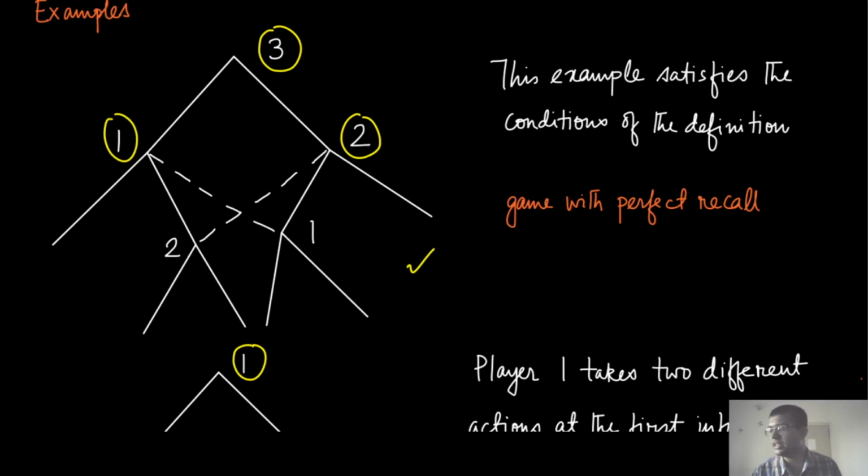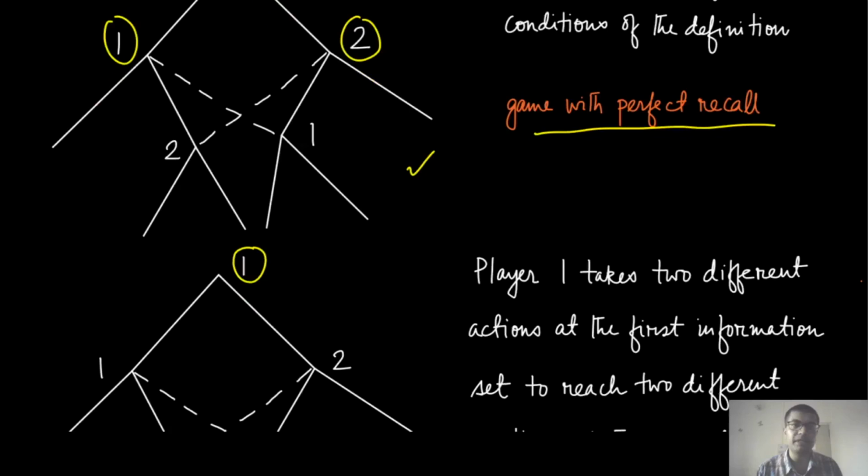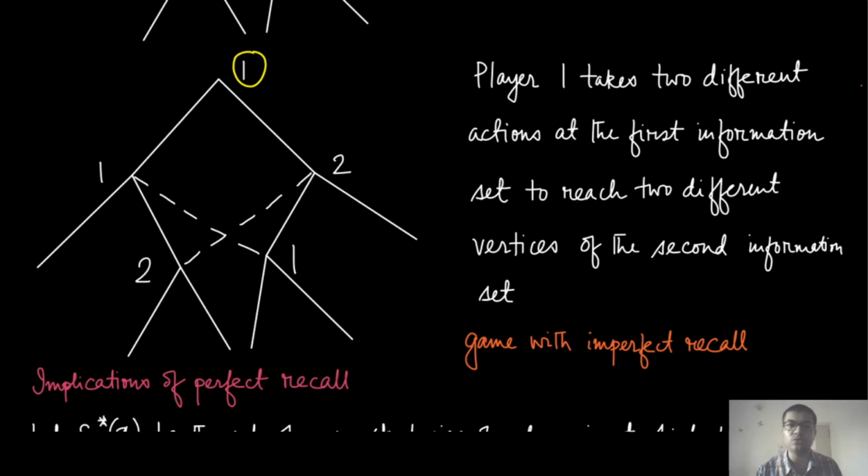Therefore this is a game with perfect recall, because every player has perfect recall. But in example 2, player 1 is playing twice. It has 2 information sets: one is a singleton information set, and the other consists of these 2 nodes. If you pick this as x and this as x hat, you can see that there are 2 different actions leading to those places.